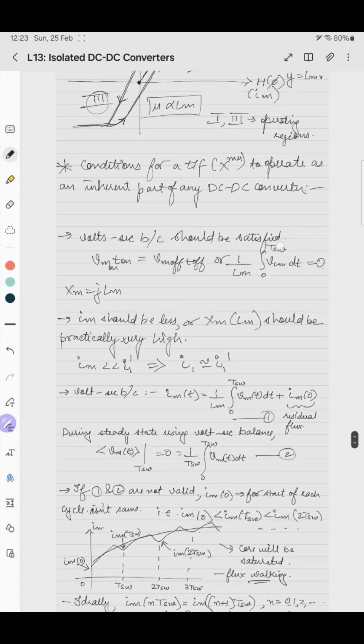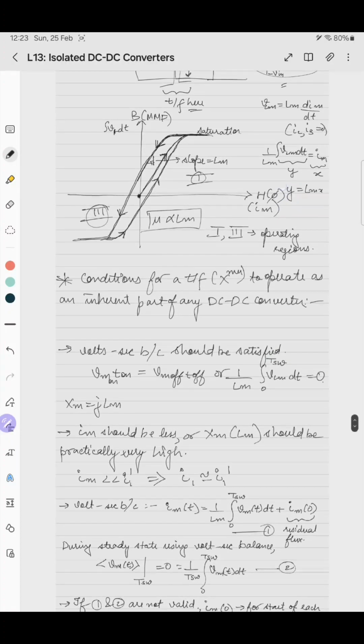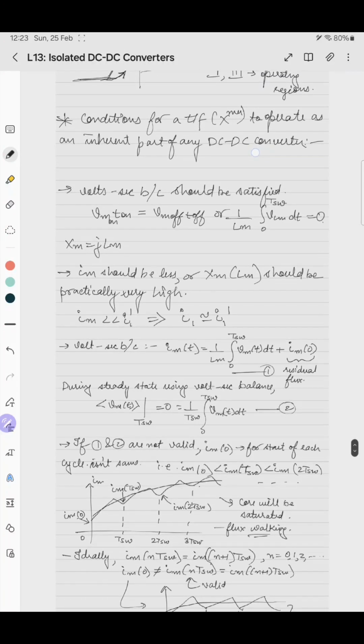And in order to avoid the losses, the slope or Lm should typically be very high. Why? Because if the slope is high, for less magnetizing current, the core gets more magnetic flux density. So that's why IM should be less, or XM or LM should be practically high.